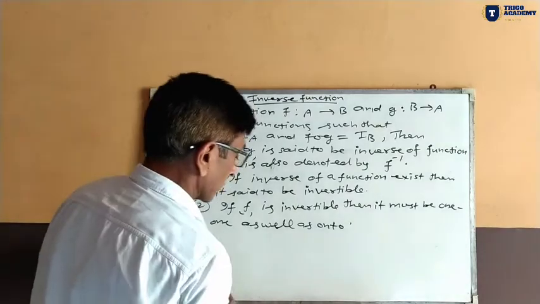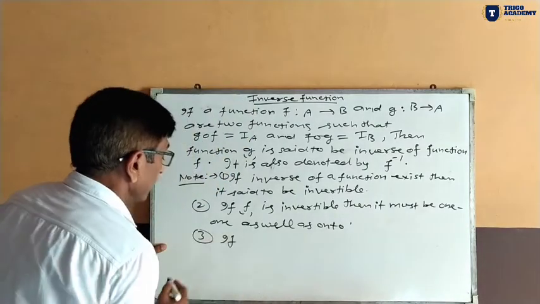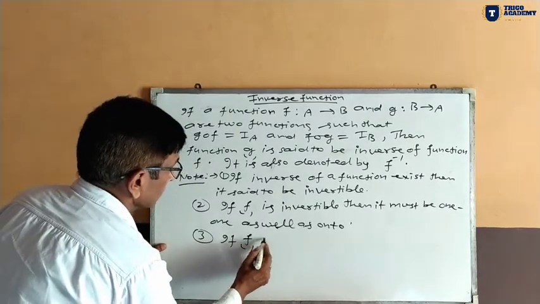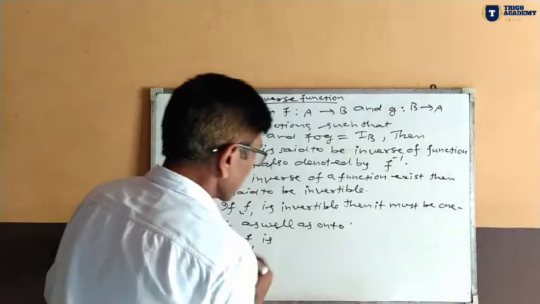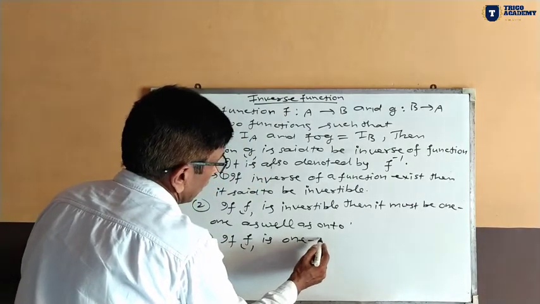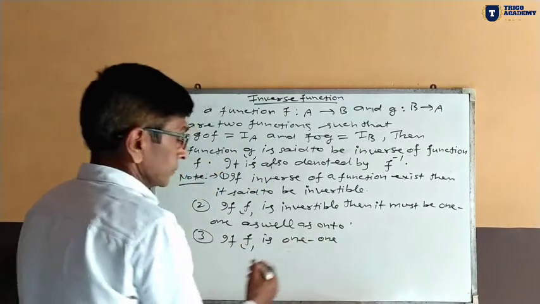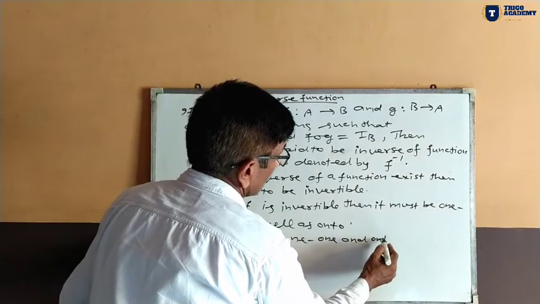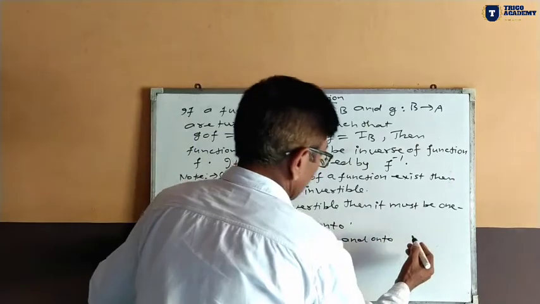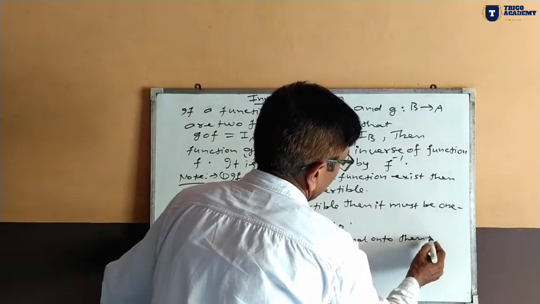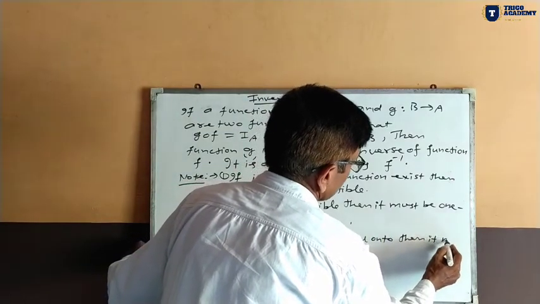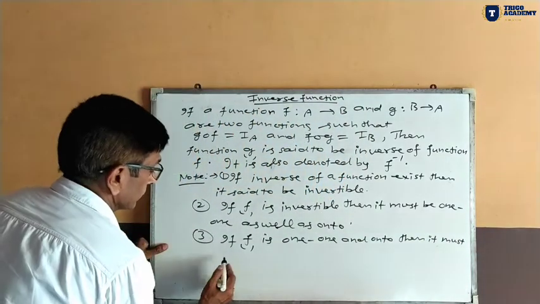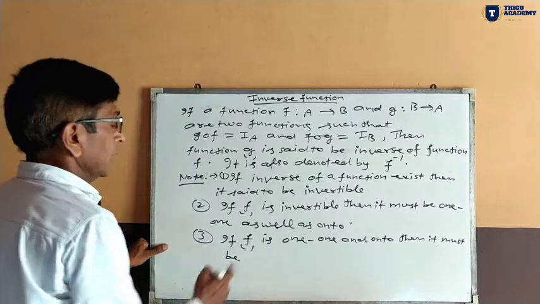Third, if function f is 1-1 and onto, then it must be invertible.